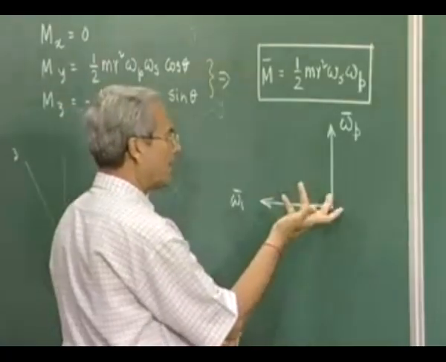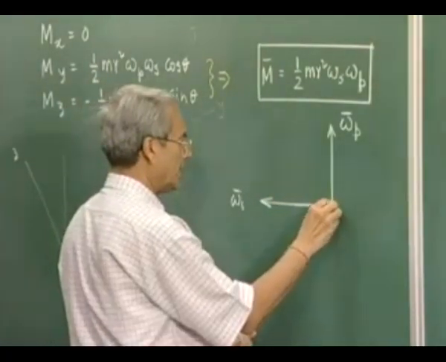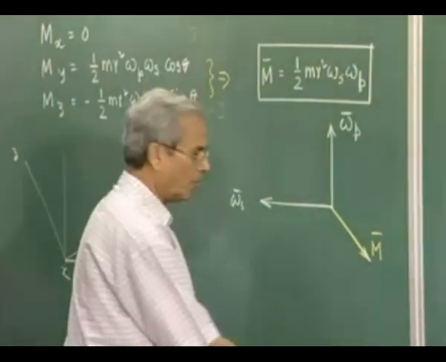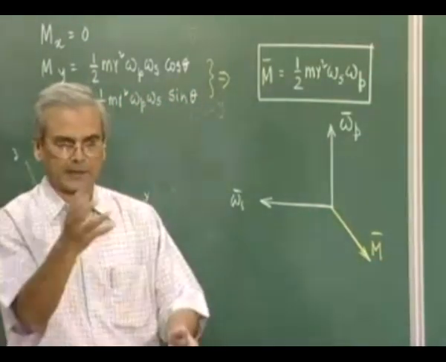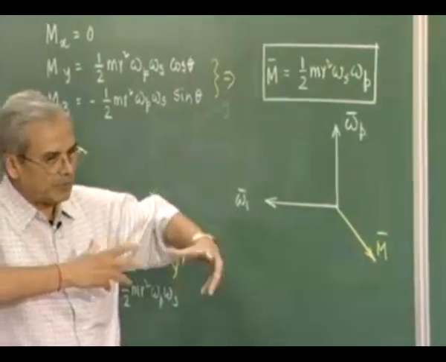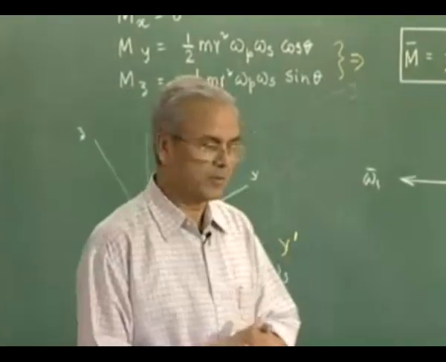You don't have to apply moment in this direction. Moment which you will have to apply will be in this direction. So if it is spinning like this and I am trying to rotate the disc like this, I have to apply a moment in a direction which is normal to the direction of rotation.